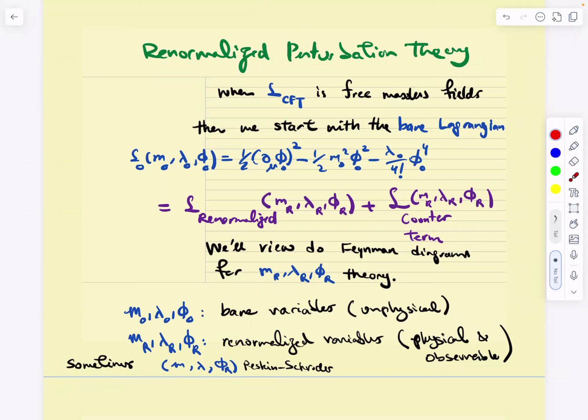All right. We consider a CFT Lagrangian, which is free massless fields. For the rest of this course, we're going to come back to perturbing the free massless theory. So it's the trivial CFT. Every time I say trivial CFT, that's what I mean, right? We start with the bare Lagrangian.